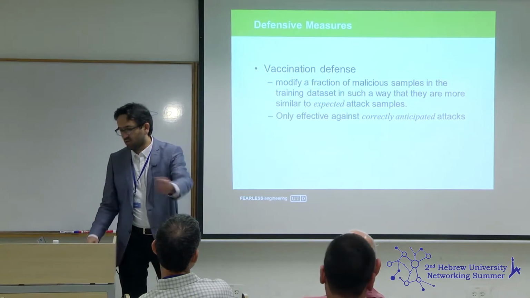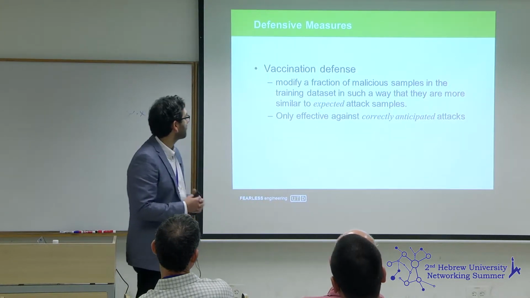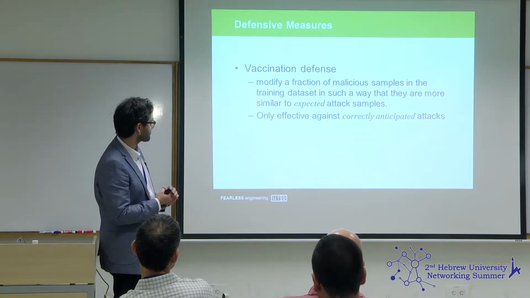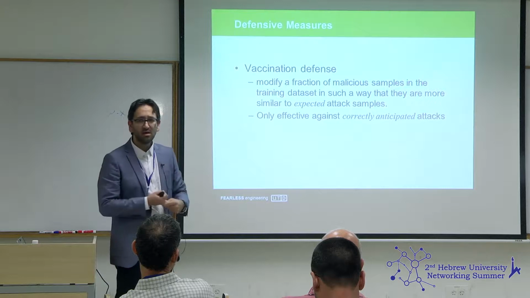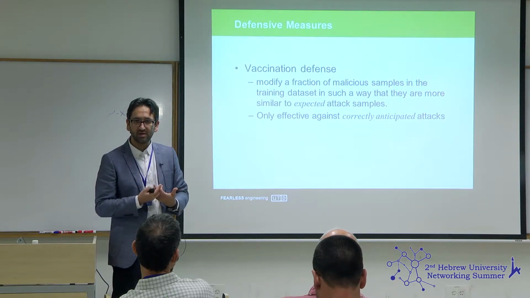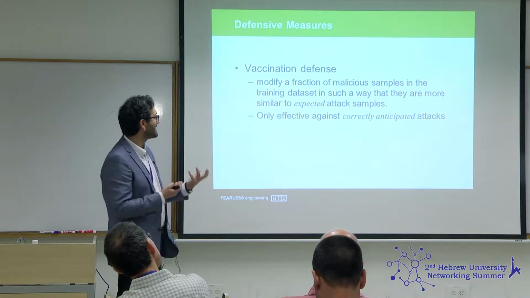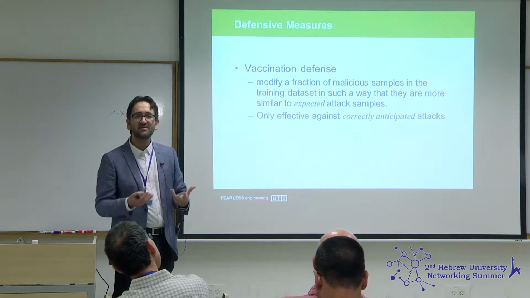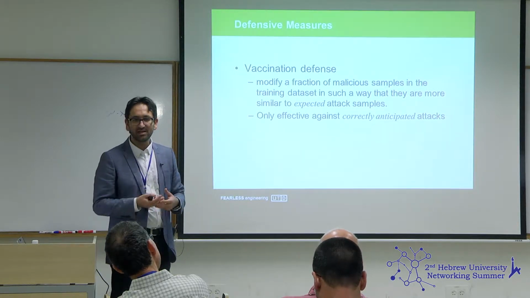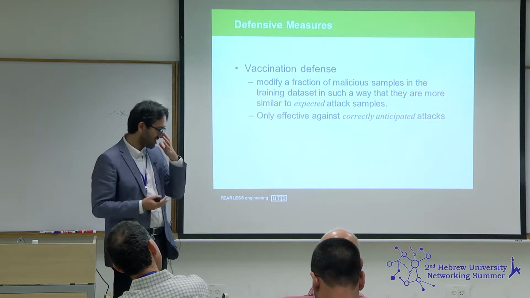Of course, how do you protect against that? In this work, they suggested maybe we can simulate some of the attacks in the training set already. This way, our learned classifier could become kind of vaccinated. The idea comes from vaccination.